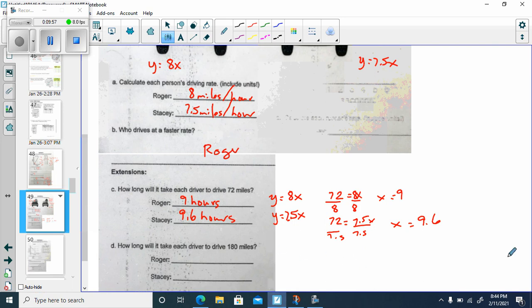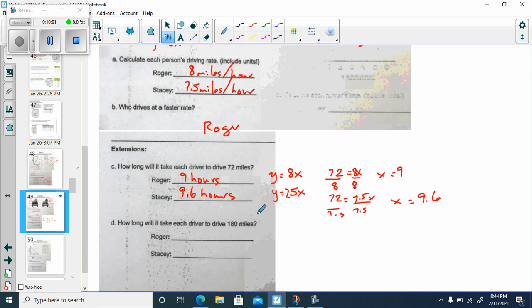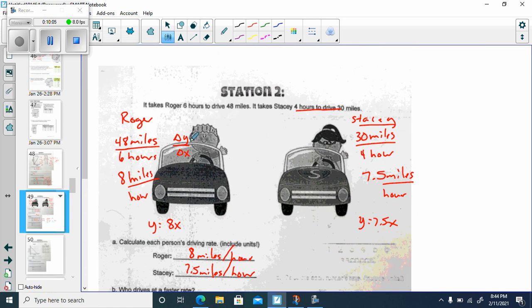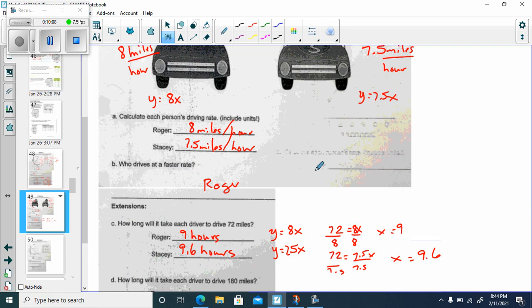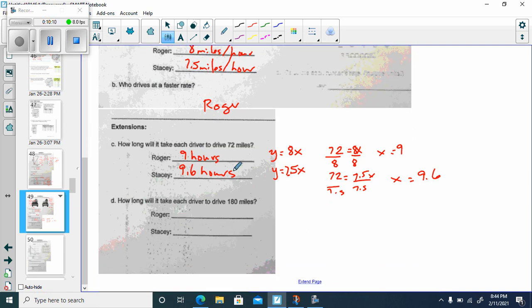How long will it take each driver to drive 180 miles? Okay, our miles is our y. We've already shown you that. Changing y, miles is on the top. So we put 180 in for each. 180 is equal to 8x.